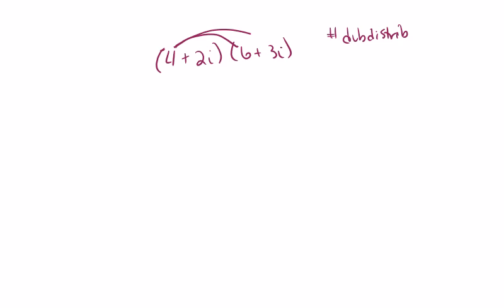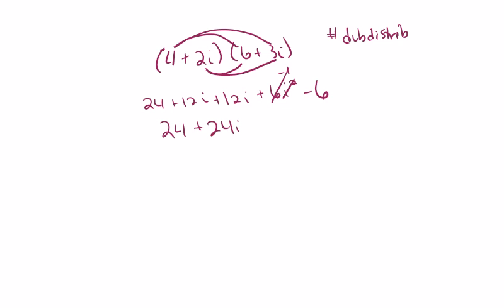So 4 times 6, you're going to do that, and then this. 4 times 6 is 24. 4 times 3i is 12i. 2i times 6 is 12i. 2 times 3 is 6. i times i is i squared. Okay, what is i squared? -1. What is 6 times -1? -6. Okay, so then I have 24 plus 24i minus 6, so 18 plus 24i.